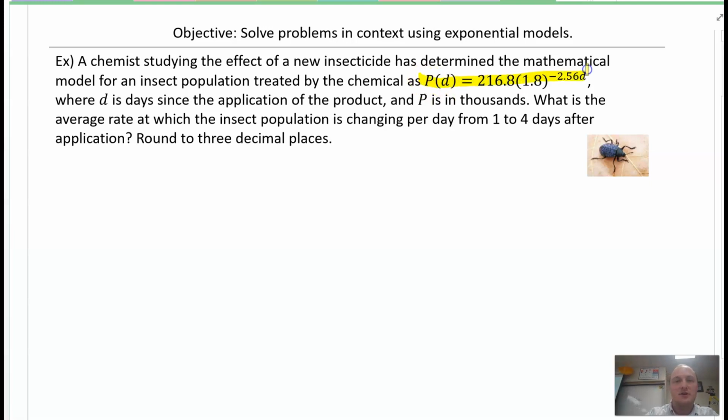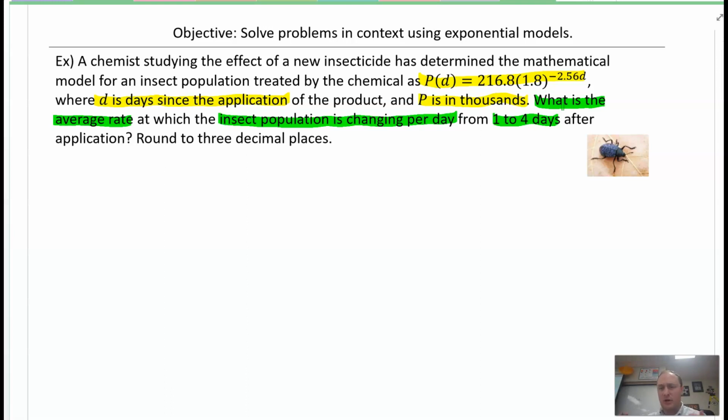So here's our function. D is the days since the application of the product, and P is in thousands. What is the average rate at which the insect population is changing per day, from 1 to 4 days after application, round to 3 decimal places.